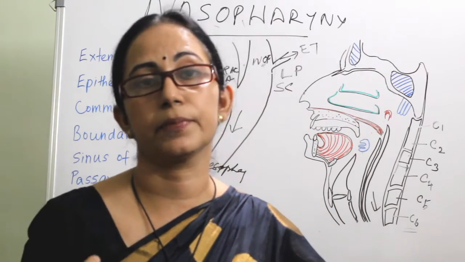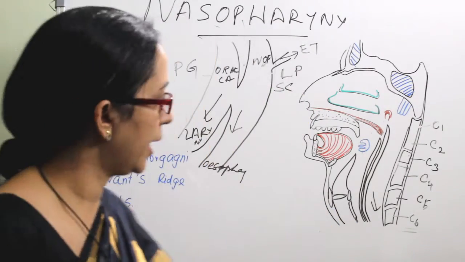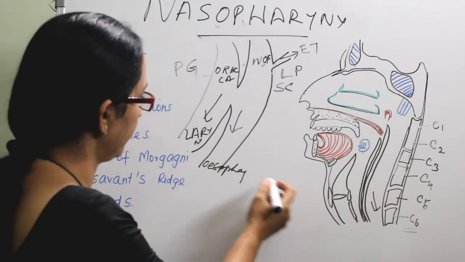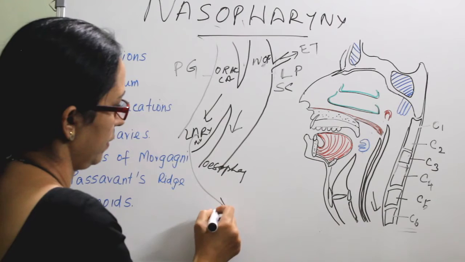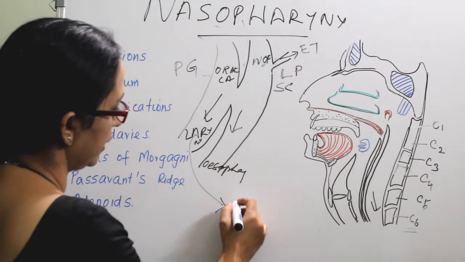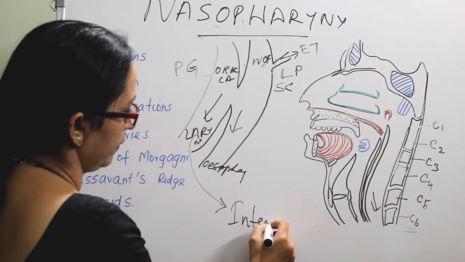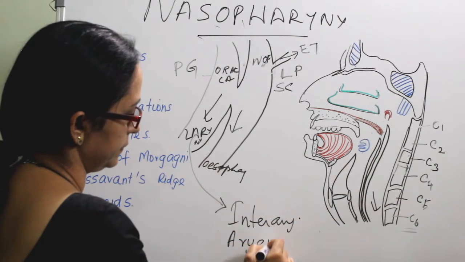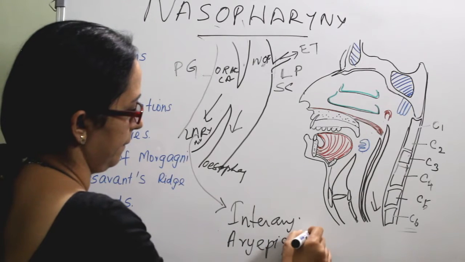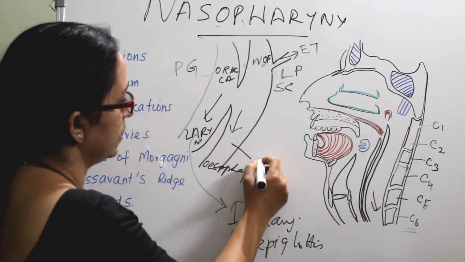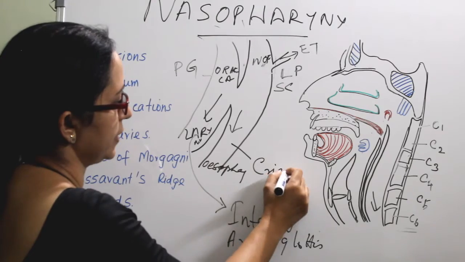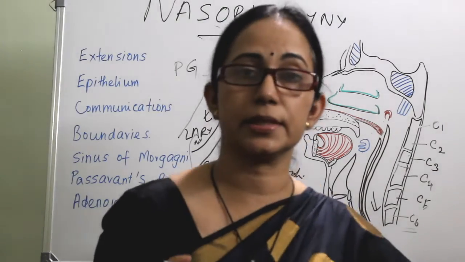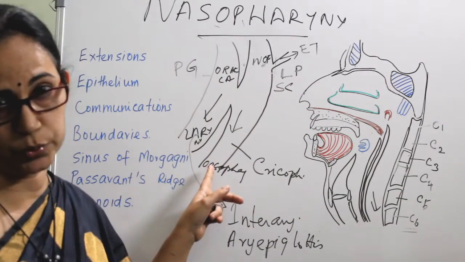There comes the cricopharyngeus muscle, and the larynx is closed by the action of the oblique fibers of interarytenoid and the aryepiglottic fold. And here is the cricopharyngeus. So these are the muscles which act as sphincters at these crossroads.